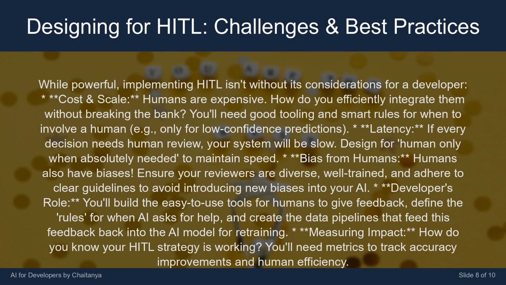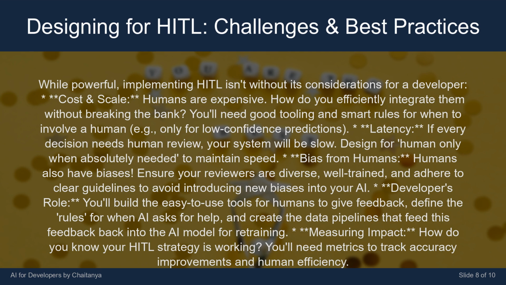While powerful, implementing HITL isn't without its considerations for a developer. Cost and scale. Humans are expensive. How do you efficiently integrate them without breaking the bank? You'll need good tooling and smart rules for when to involve a human, e.g., only for low-confidence predictions. Latency.